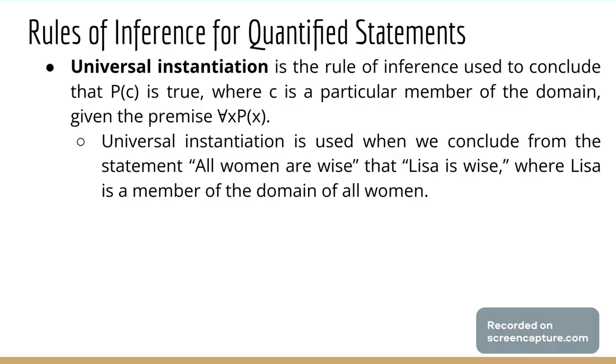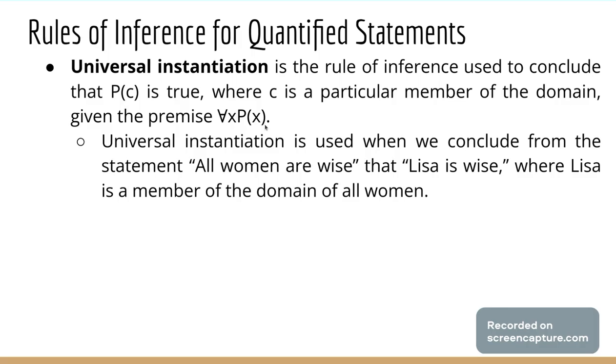Now what is universal instantiation? Universal instantiation is the rule of inference used to conclude that P of c is true, where c is a particular member of the domain, given that for all x, P(x) is true.